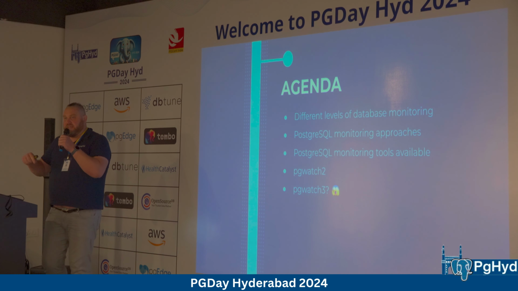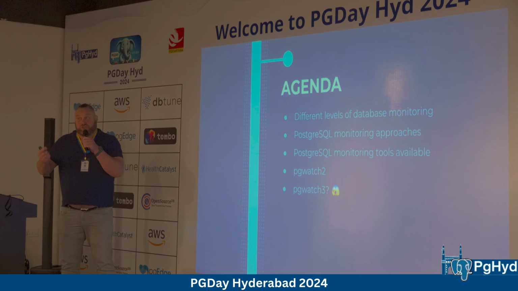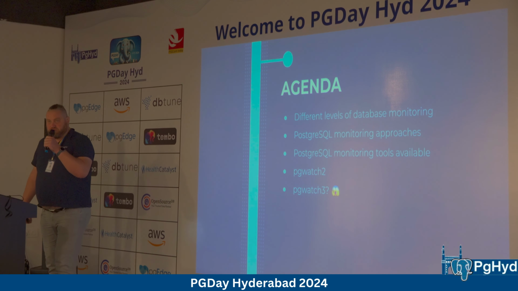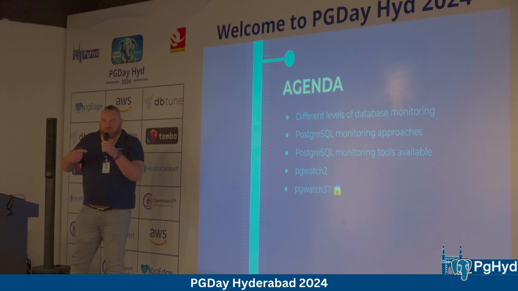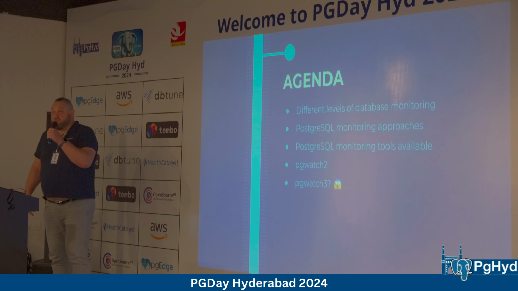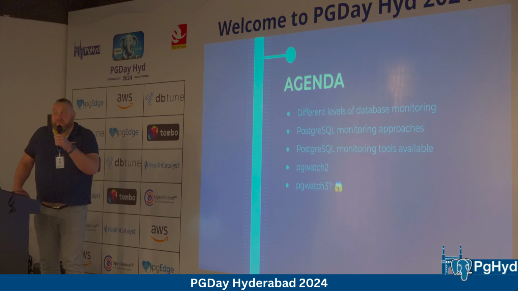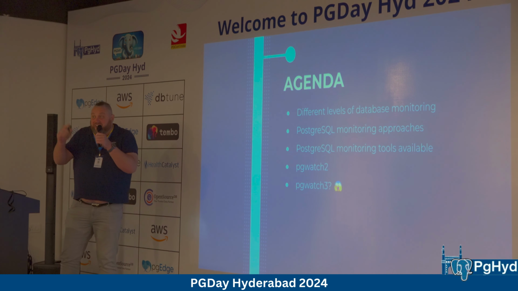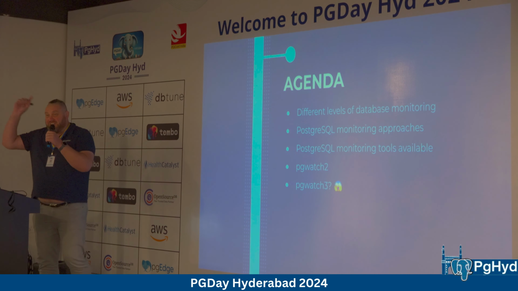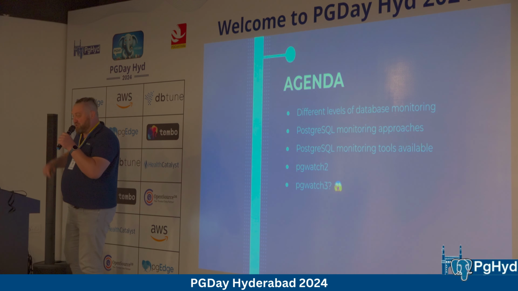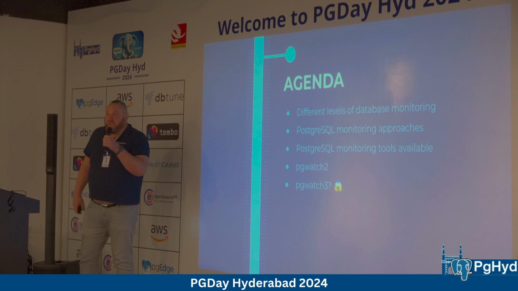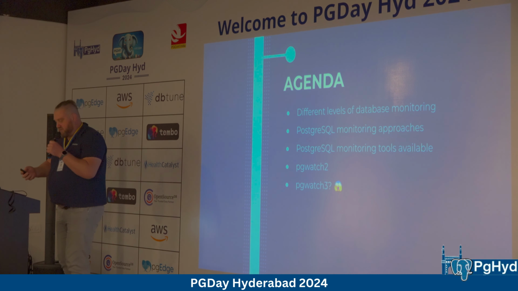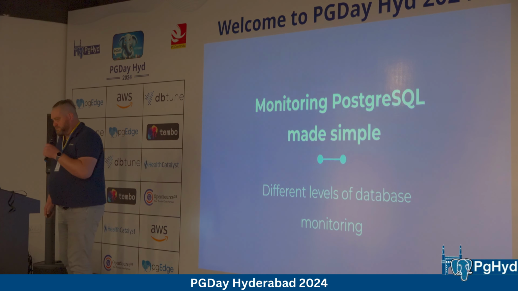At the end I will show our own open source utility called pgwatch 2, which is pgwatch 2 because nobody knows what pgwatch 1 is. People said that was like a funny Python script that we used during the dinosaurs era. So the only thing we know is pgwatch 2 and pgwatch 3, what it is, and how it became possible.